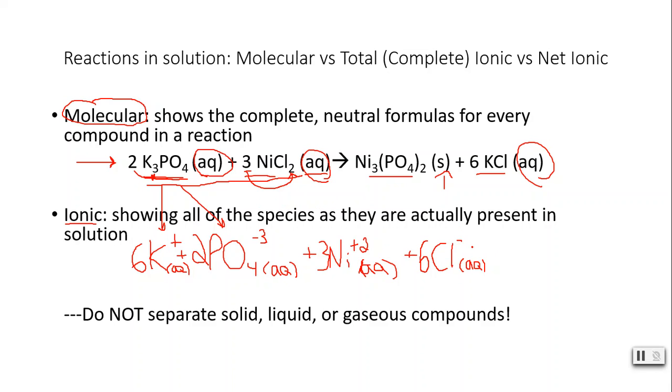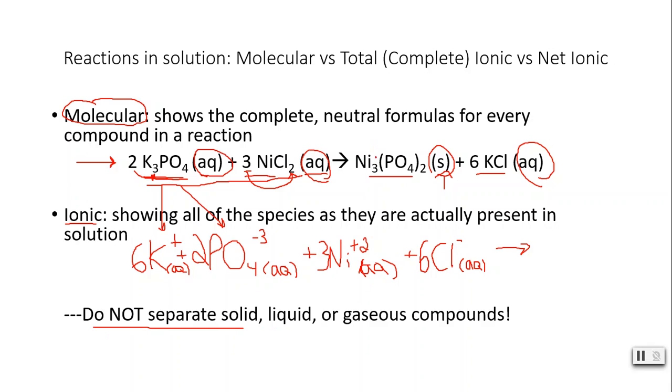Things that are aqueous are split apart into their cations and anions. So for the product side, for this nickel phosphate, do I have to split it up into its cations and anions? I see that it's a solid, and according to my rules, I don't separate things that are solids, liquids or gaseous.